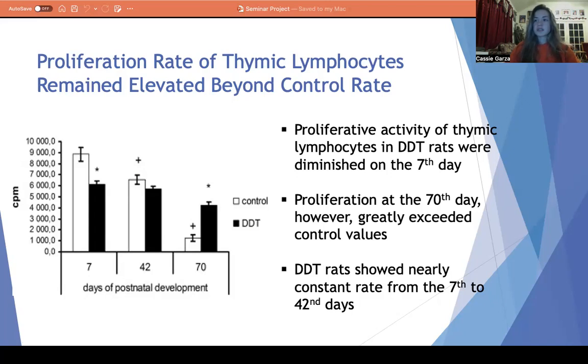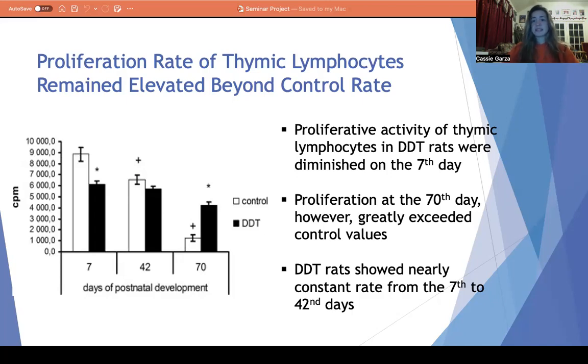So for this particular slide, the technique used to obtain the results was the proliferation assay test. An assay test is just an analytical procedure that's commonly used in the laboratory. The technique allows for the evaluation of cell proliferation activity that's really close in accuracy to the real proliferation rate in vivo. How they did this was they added a radioactive nucleoside, 3H-thymidine, to cell suspension samples, and then they incubated these for about 4 hours.